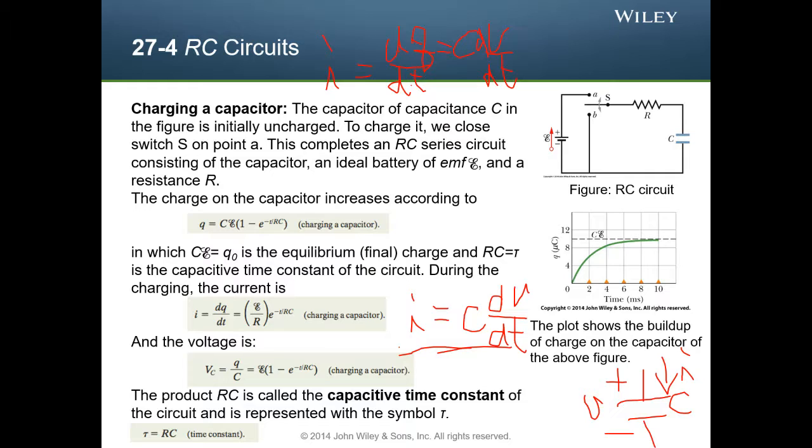So if Vs is maybe V0 times exponential to minus 1 over RC t, the Laplace transform of Vs will be nothing but 1 over s plus 1 over RC. So we substitute it here. This term will become RC over 1 plus RC squared.